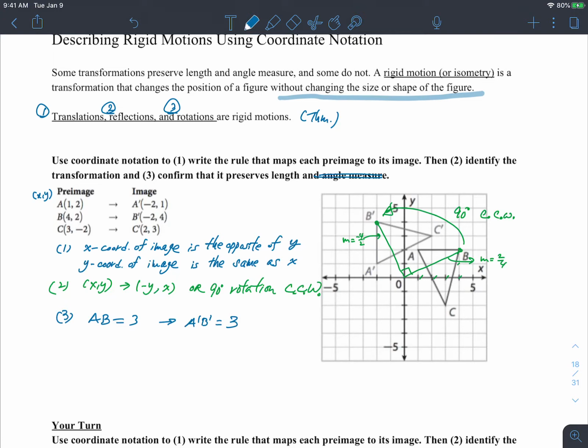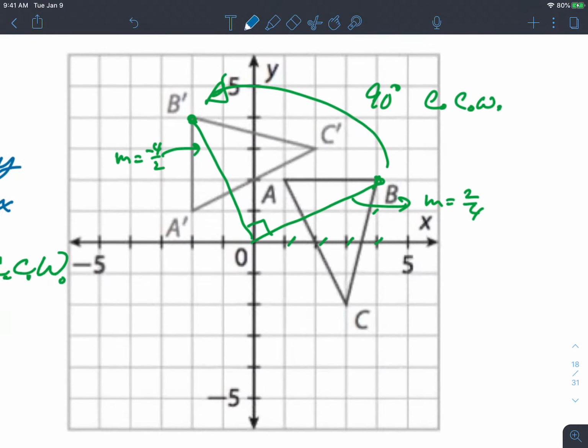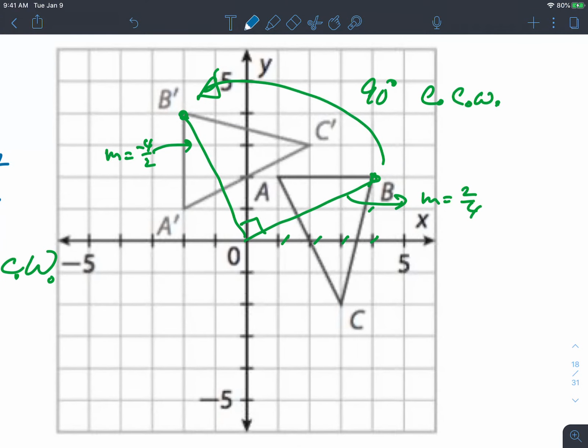How about we have BC? So we're going to have a square root of, let's count this, BC. In this particular case, we got a right triangle. And I talked about this before, right? When I have that over here, you got 1, 2, 3, 4. That distance is 4. And this is 1, right?